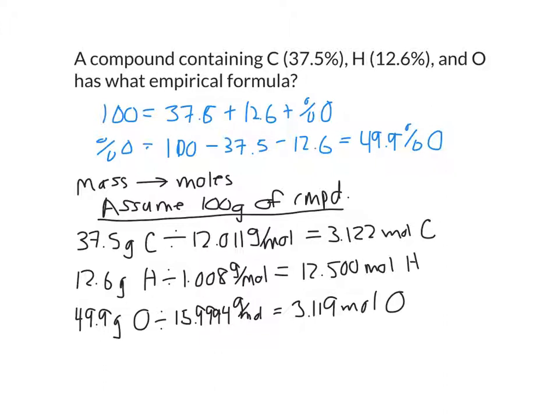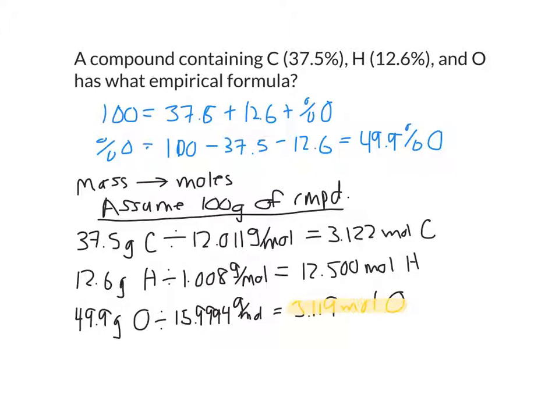And so to get ratios, what I'm going to do is I'm going to look and determine which is the smallest number of moles, and that's the oxygen. And I'm going to divide everything by that. So if I do that, I will get the ratio of carbon to oxygen, the ratio of hydrogen to oxygen, and the ratio of oxygen to oxygen.